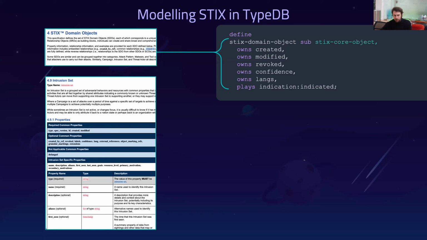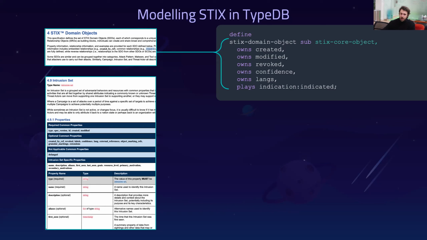So if you're unfamiliar with TypeQL, this is the schema language. Here we're defining an entity. We're saying the STIX domain object is a type of entity, specifically a subtype of a STIX core object, and it owns a bunch of attributes, and it plays a relation, in this case, the role of indicated in an indication relation.